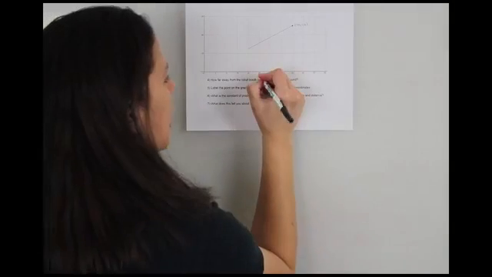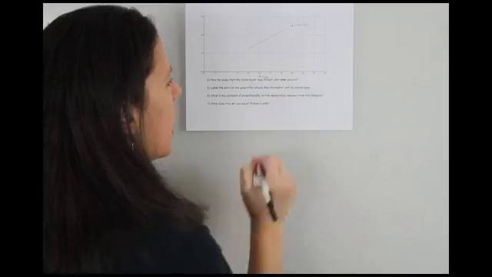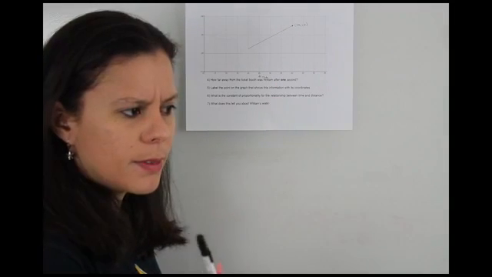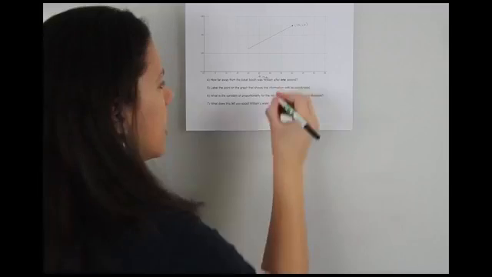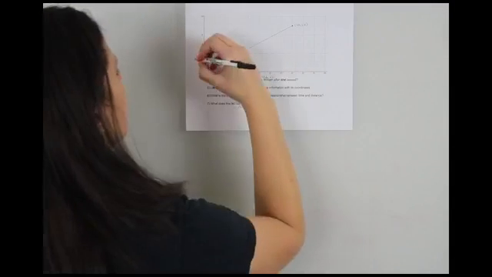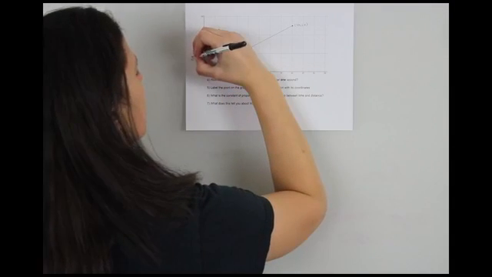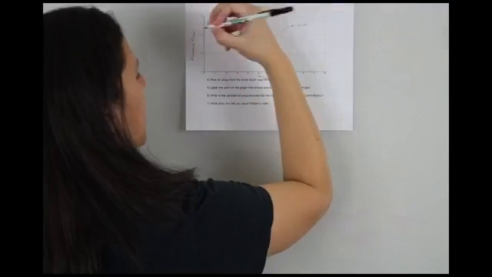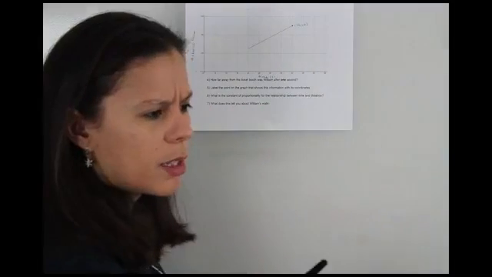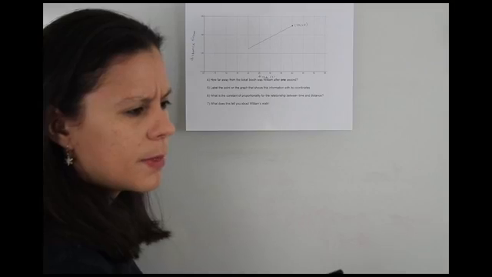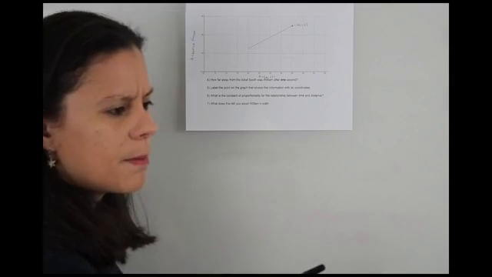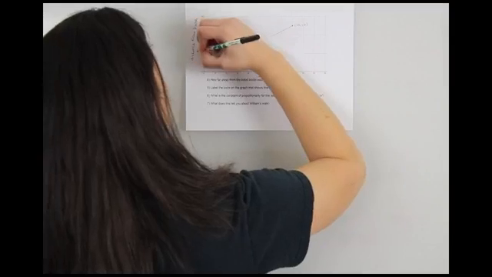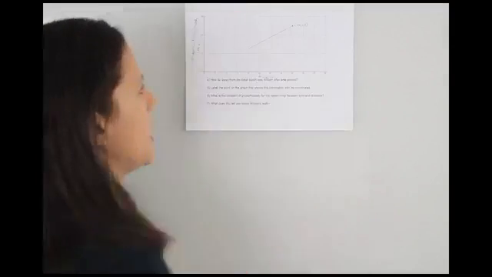So this is time right here, in seconds, correct, Molly? Yes, I believe it's in seconds. And this is the distance from the booth, and that is in meters or feet? Meters. Okay, so this is distance from the booth in meters.